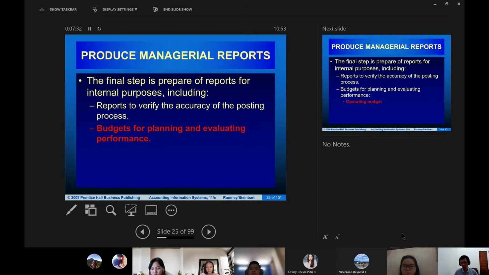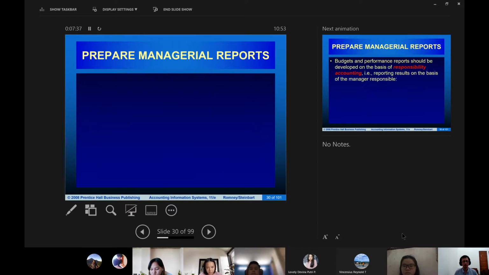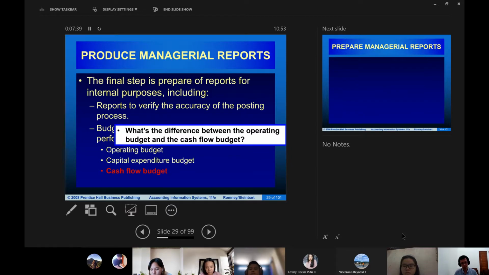Budget is for planning and evaluating performance. If you remember, last week we discussed the human resource management cycle, performance evaluation. One of the indicators for performance is how well we can meet the budget, either for expenses or revenue.